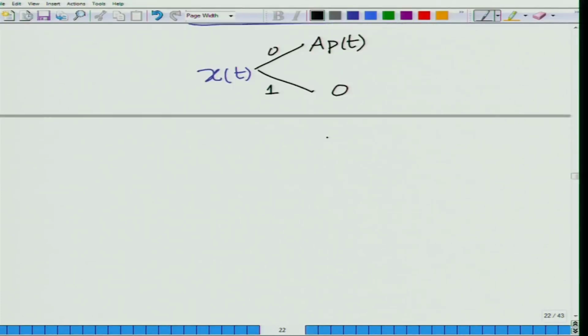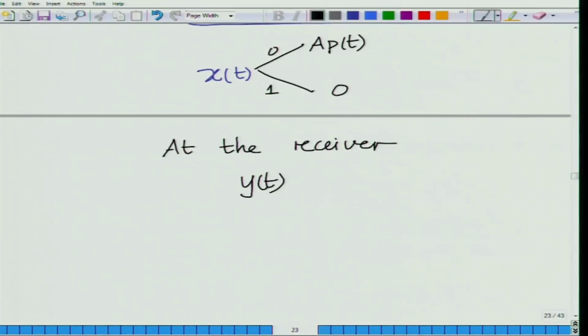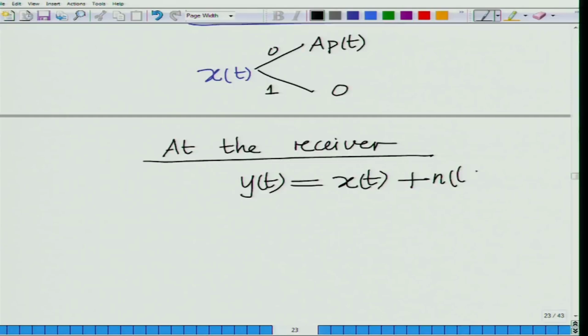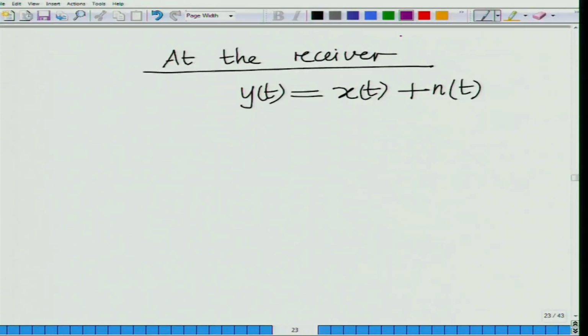At the receiver, we have y(t) equals x(t) plus n(t), where n(t) is additive white Gaussian noise. This is AWGN.